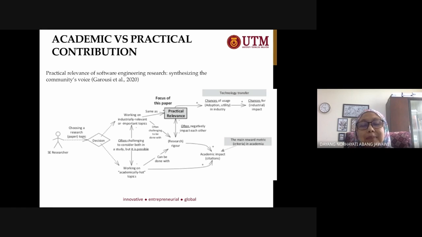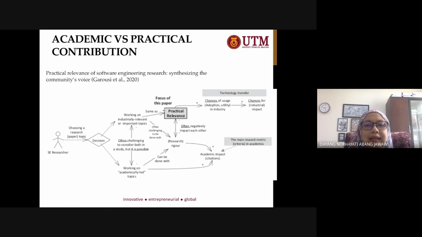The technology can be transferred directly to industry, both making contribution, meaning that if you're doing practical relevant research, industry will get benefit. But if you're doing academic, you explore something new, inshallah, industry will get benefit later once the technology are ready, once the hot topic can be implemented in the practical problem solving later.